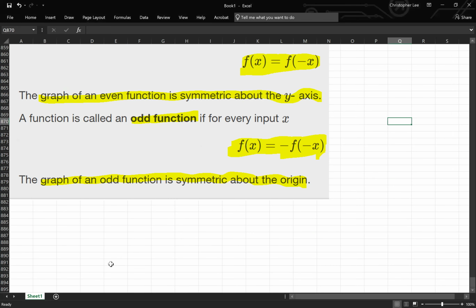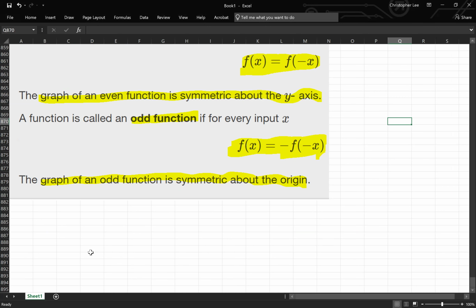What makes it odd is that if I flip it over y, flip it over x, and get back to where I started, then it's an odd function.